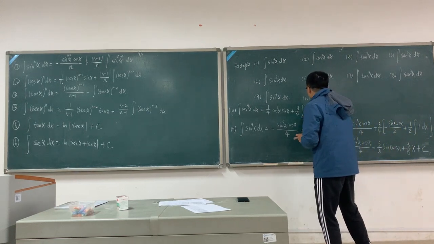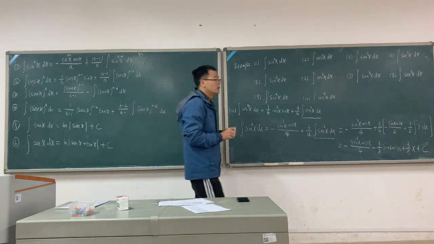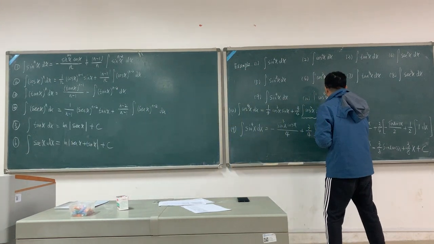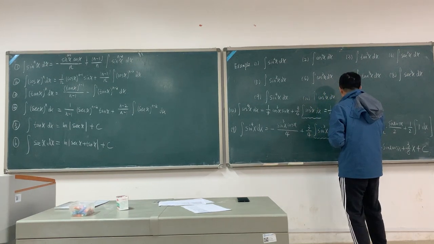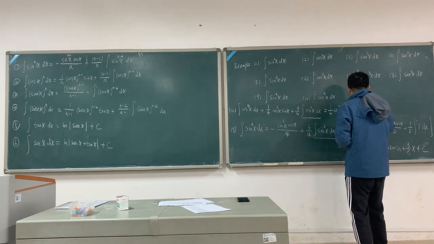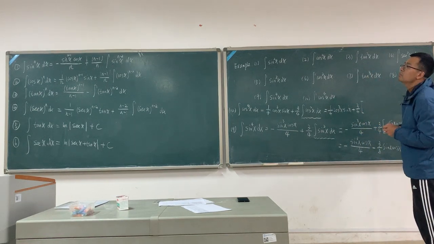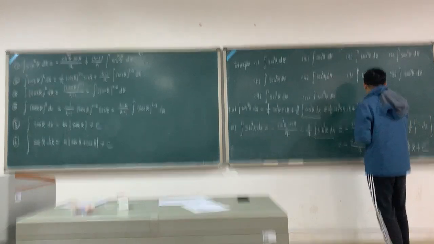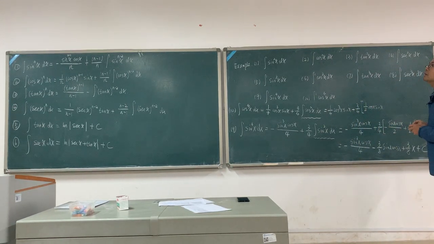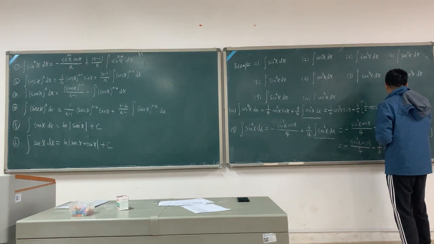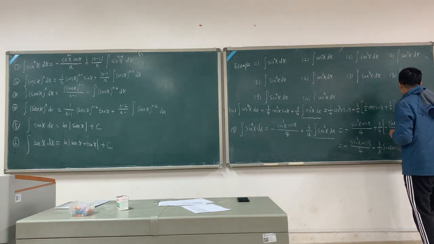For this one, we use the formula again. So it equals 1/4 cosine cubed x sin x plus 3/4 times (1/2 cosine x sin x plus 1/2 the antiderivative of 1 dx).